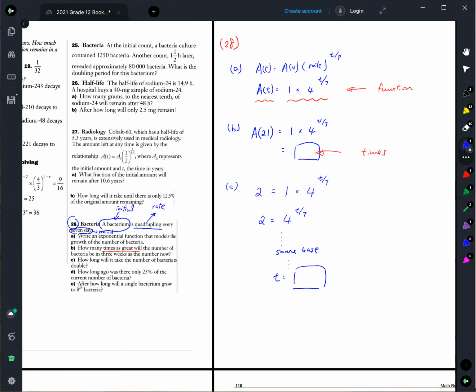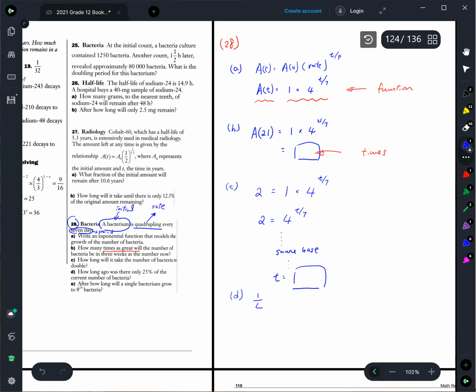Okay, and then question D is kind of like question C. Instead of double, it says only 25%. 25%, that means a quarter, right? It's 1/4. So instead of 2, you would have 1/4.